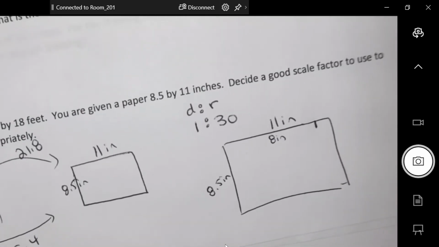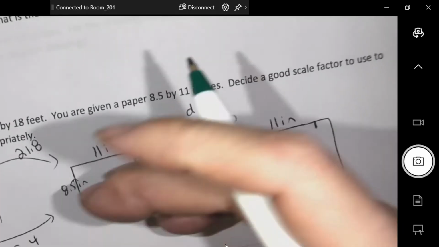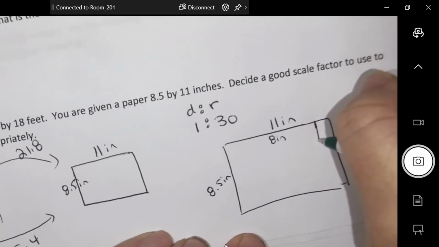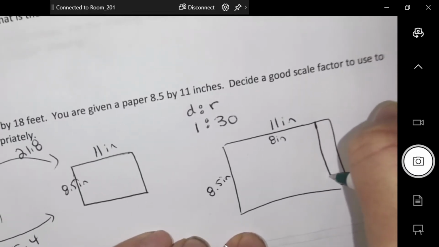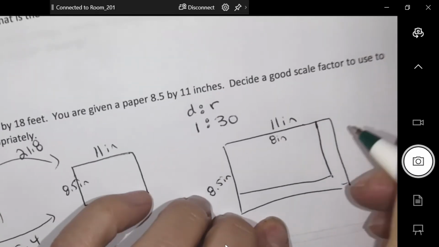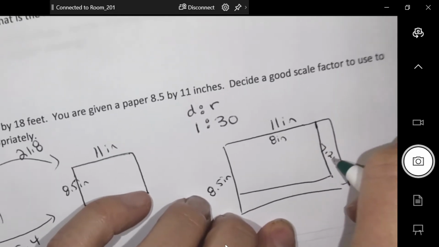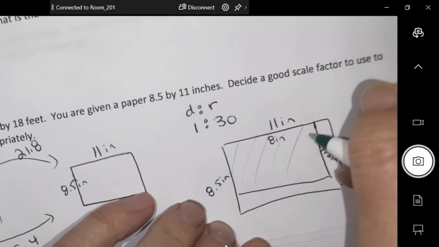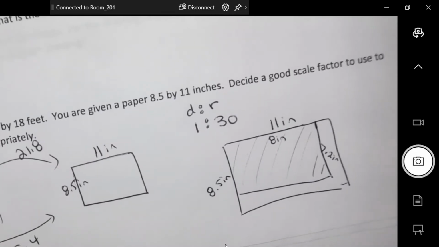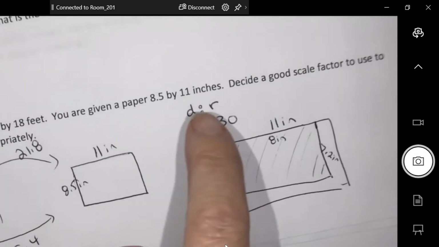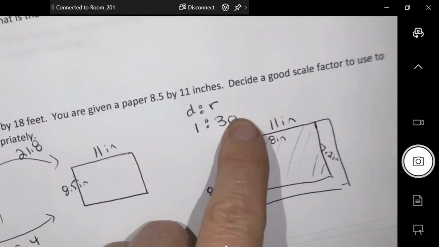And 216 divided by 30 is 7.2. So that's nice. It fits onto my paper. Okay? I did 240 divided by 30.